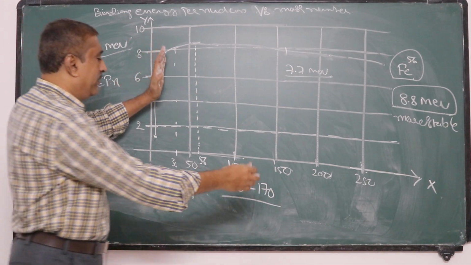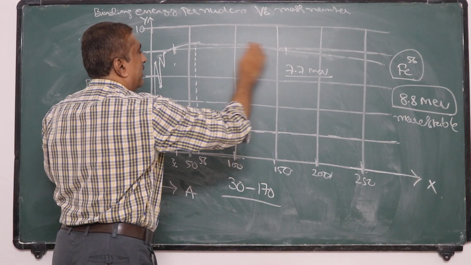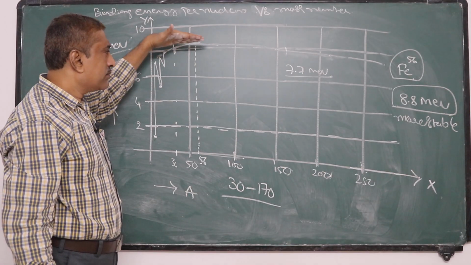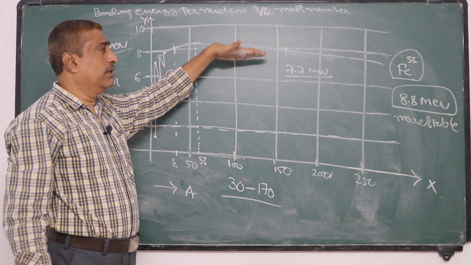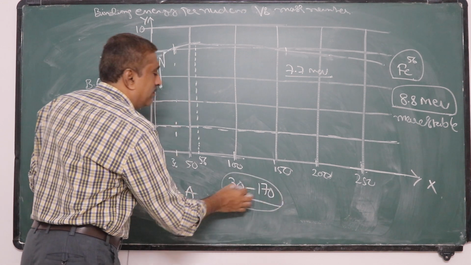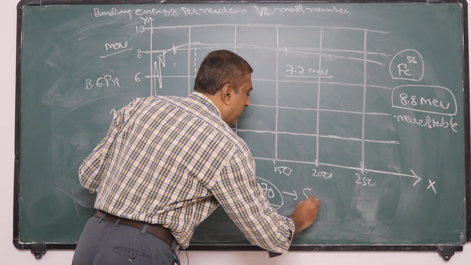That means in between these two, binding energy per nucleon is almost constant. So the nuclei in between these two mass numbers, that means between 30 and 170, are more stable.